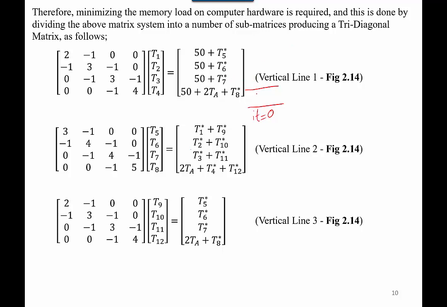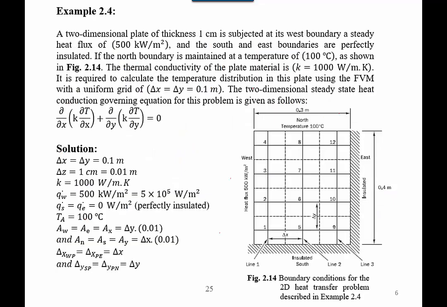The thing is, what value of temperature do we choose to be the first iteration value of the whole domain? It has to be some value that is given in the boundary condition of our question. So let's go back to our model, and we will find that the only temperature given here is 100 centigrade.